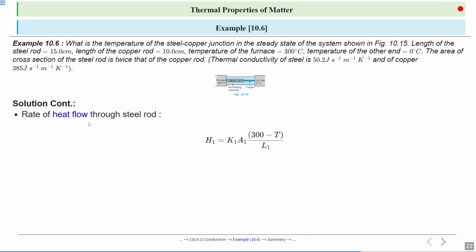Now, the rate of heat flow through the steel rod, H1, is equal to K1 A1 into the temperature difference, 300 minus T, divided by L1. This one is the temperature of the furnace and this one is the temperature of the ice box. Similarly, the rate of heat flow through the copper rod, H2, is equal to K2 A2 into T minus 0 degree Celsius, divided by L2. So H1 is for the steel rod and H2 for the copper rod.